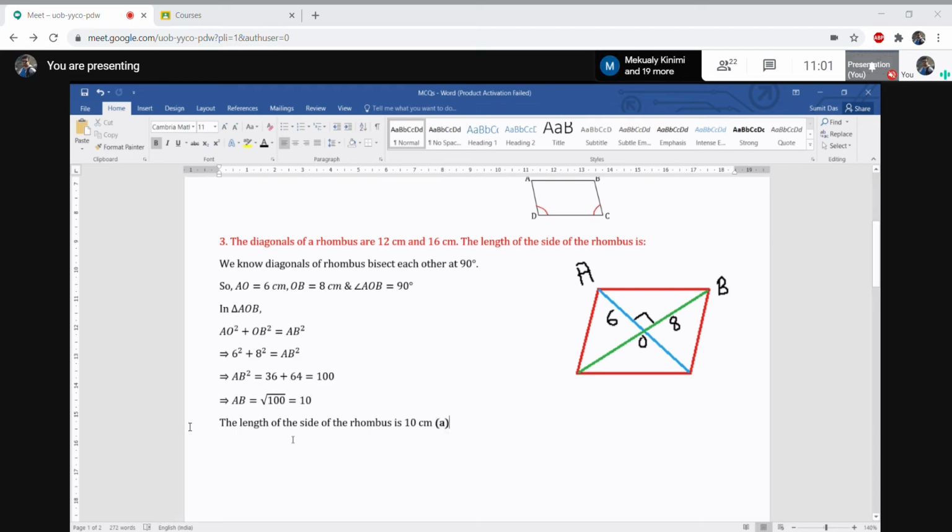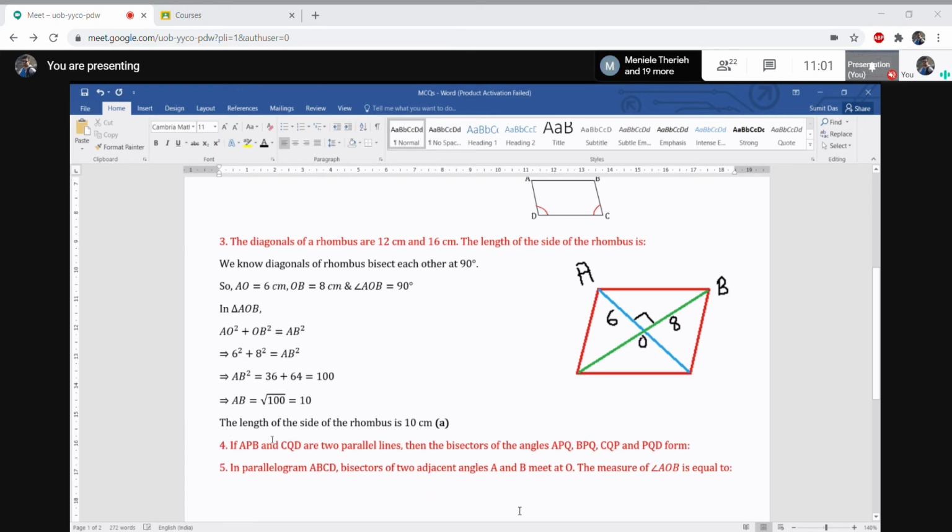Fine. Then next, question number 4. For question number 4 now, just wait for 2 minutes. Okay, I have to draw the diagram. I was doing this one.